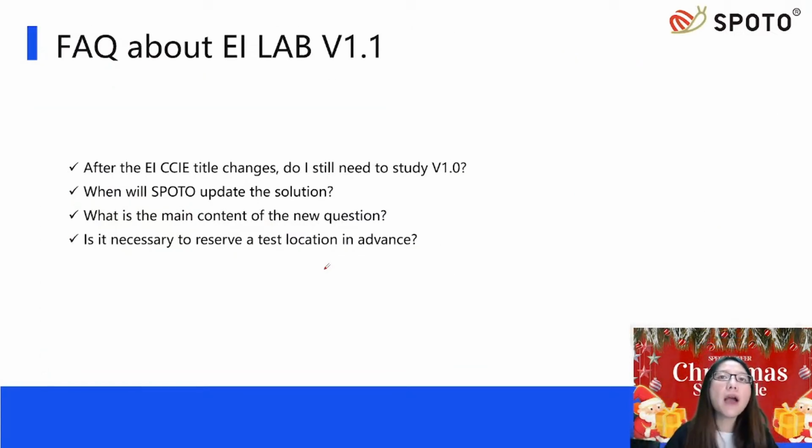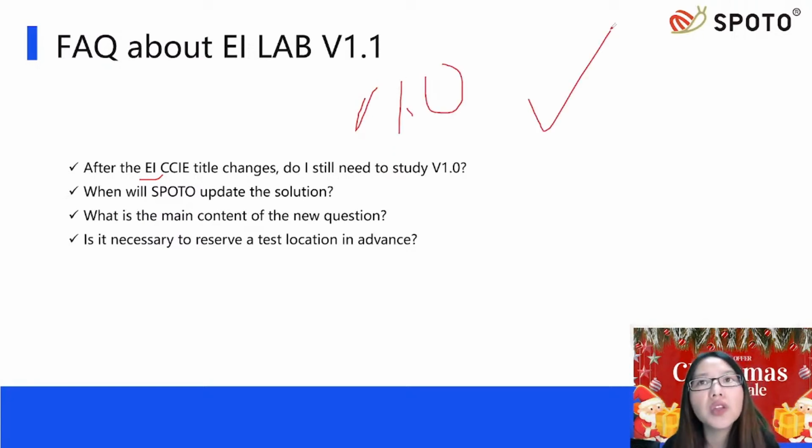Most of you are worried about our CCIE EI Lab version 1.1, so today I will introduce the CCIE EI Lab status. After the CCIE title changes, do you still need to study version 1.0? It depends on yourself. If you haven't learned CCIE version 1.0, I suggest you learn version 1.0, because routing and switching hasn't changed much.